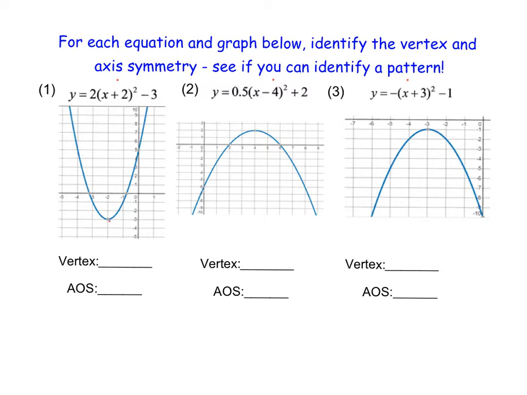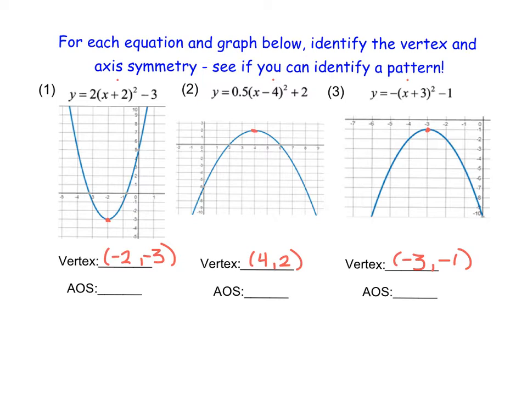In this first example, I see that my vertex occurs at x is -2, y is -3. Here I see that my vertex occurs at x is 4, y is 2. And here I see that my vertex occurs at x is -3, y is -1. Then from here, I also need to determine my axis of symmetry.